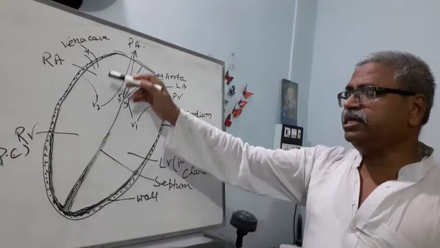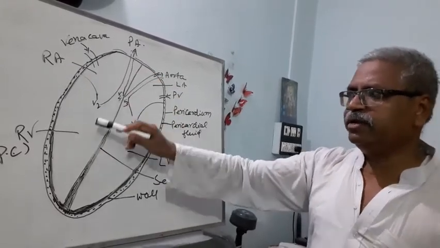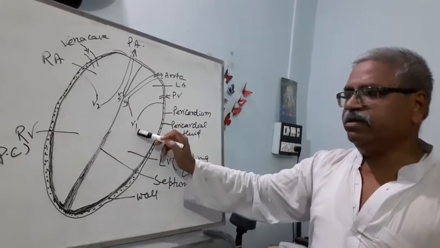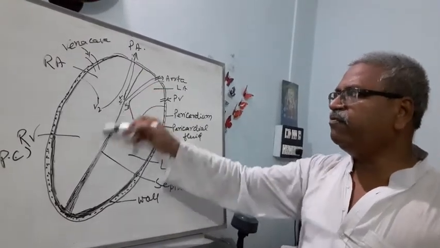These chambers, upper chamber and lower chamber, auricle and ventricles, are protected by valves. This valve is for one-way flow of the blood.